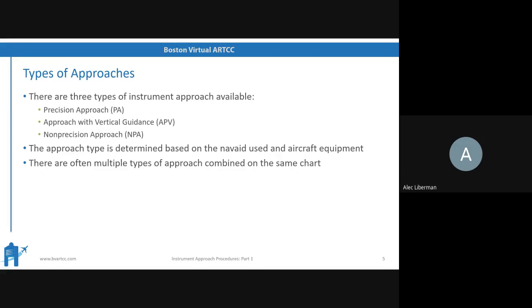Really there's just ILS, and then there are a couple other small examples like a PAR approach. You can also have multiple types of approach combined on the same chart, depending on what aircraft equipment you have on board. I know that's all very vague, and we'll dig into the nitty-gritty of this over the next couple slides, so don't be concerned if you're not understanding it as of yet.